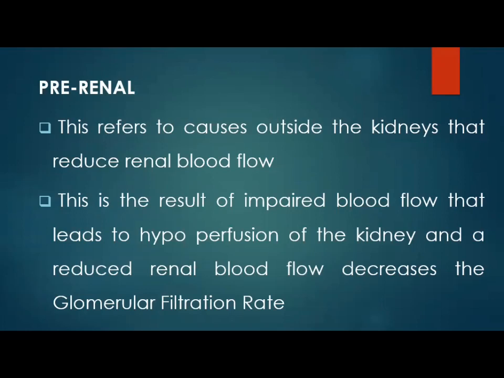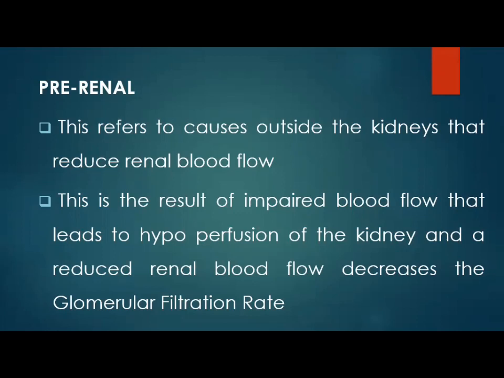This is the result of impaired blood flow that leads to hypoperfusion of the kidney, and a decreased renal blood flow decreases the glomerular filtration rate. So there will be reduced blood flow going to the kidneys, and then there will be decreased glomerular filtration rate.